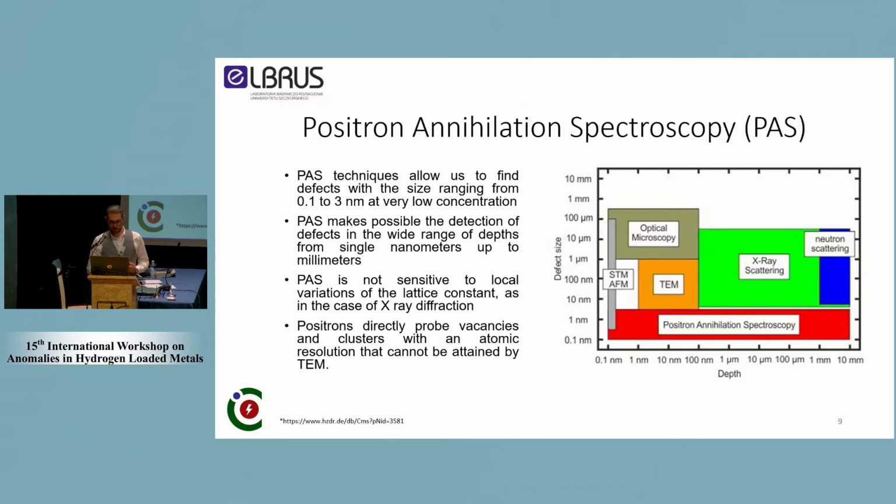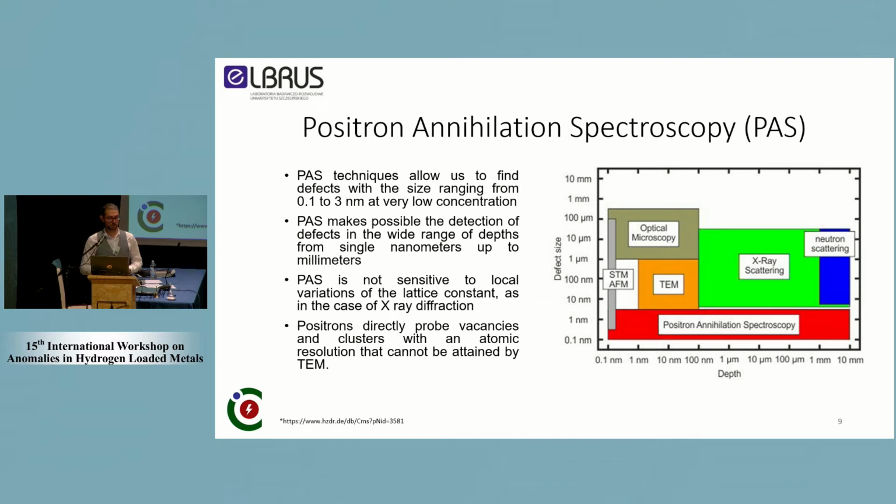So I'm going to present here the positron annihilation spectroscopy method, which is an extremely useful way of analyzing the defects into our samples. And when I say very useful, it's really to say the least, because it has a huge advantage of being extremely sensitive to low defect concentrations.